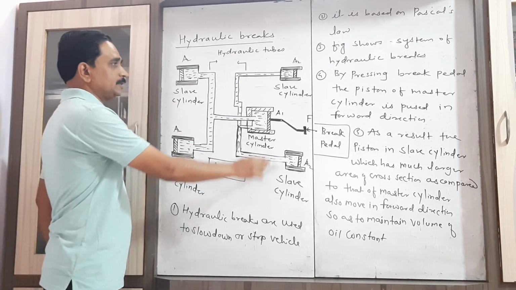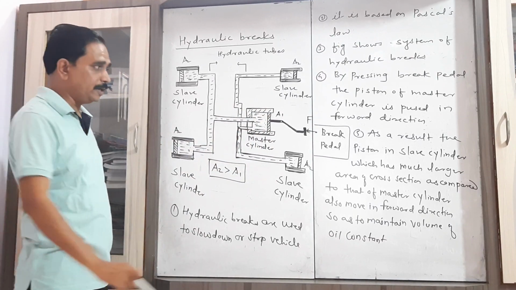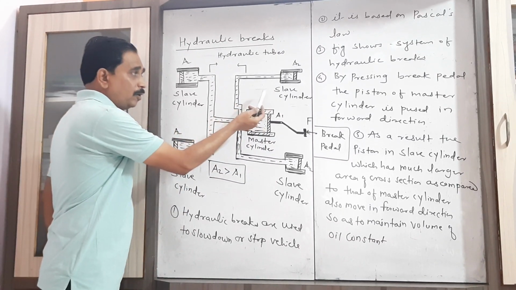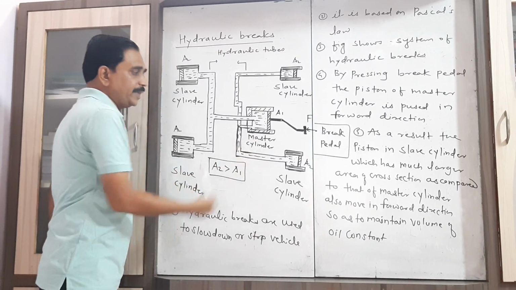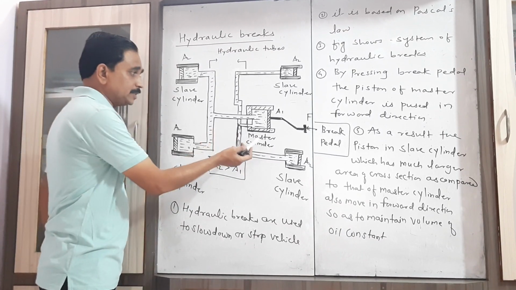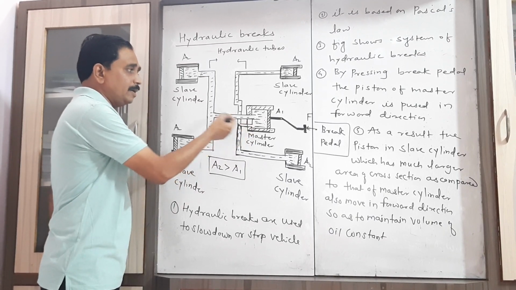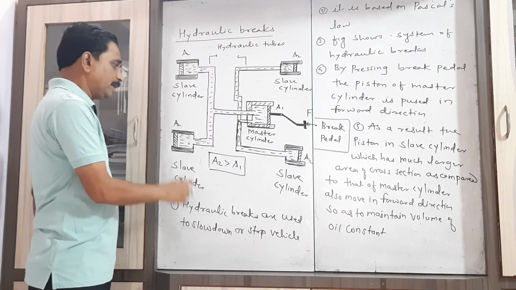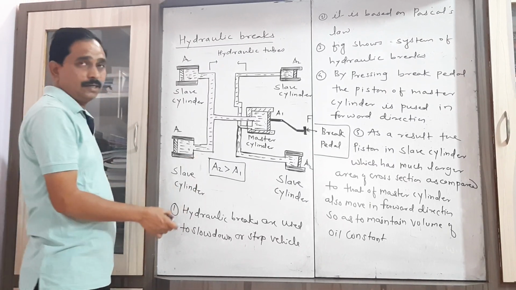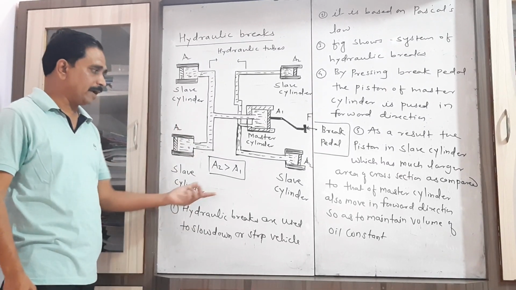The four cylinders are called slave cylinders because they obey whatever the master cylinder does; whatever the master tells them will be followed by the slave cylinders. Now let us consider how the hydraulic brake works.